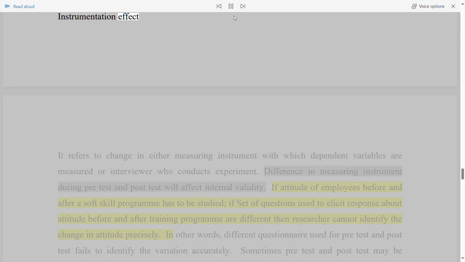Instrumentation effect. It refers to change in either the measuring instrument with which dependent variables are measured or the interviewer who conducts the experiment. Difference in measuring instrument during pre-test and post-test will affect internal validity.